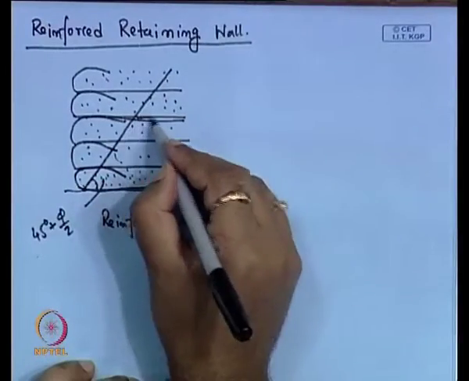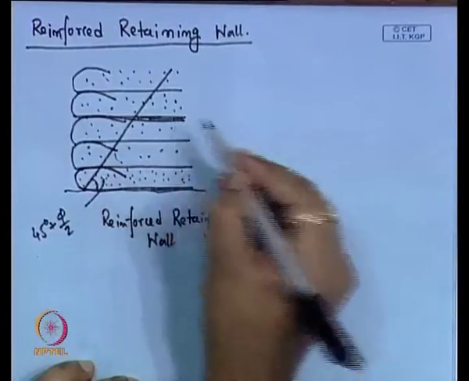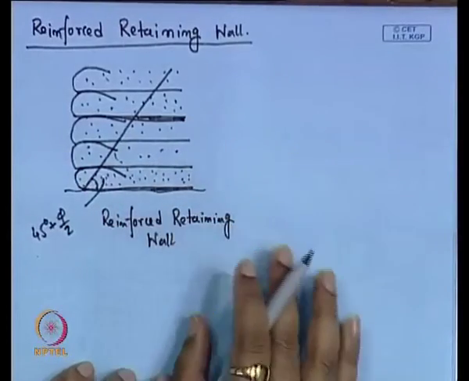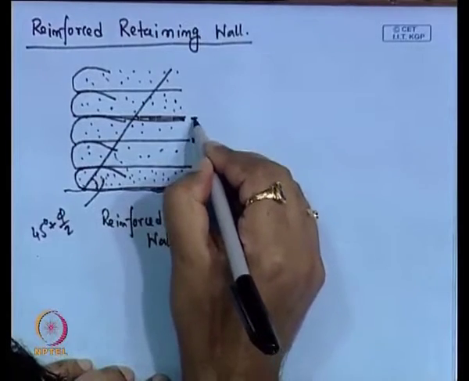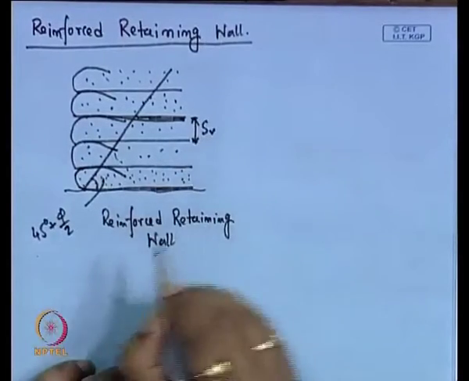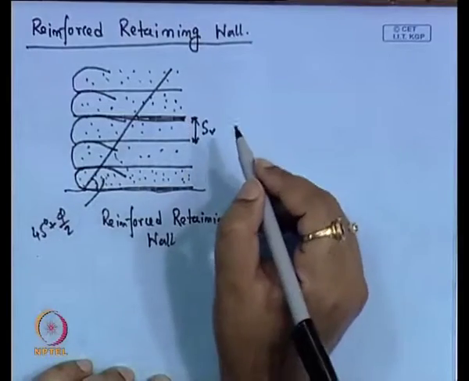Now, as I have discussed, the main design components of this type of structure are, one, S V, the vertical spacing between the reinforcement.